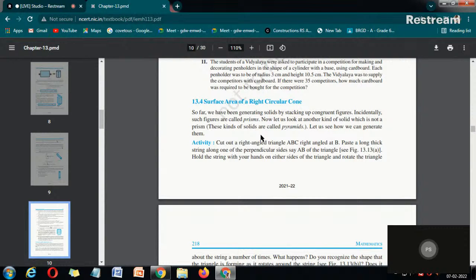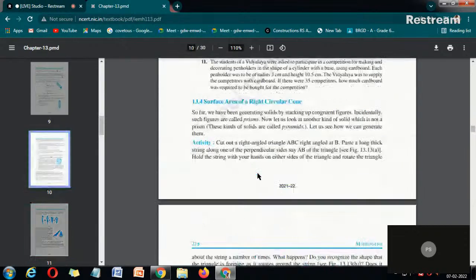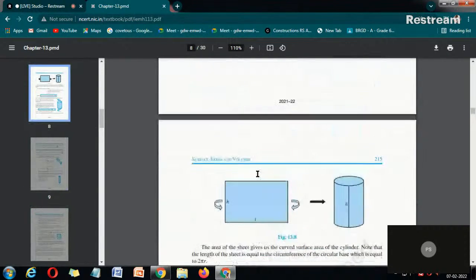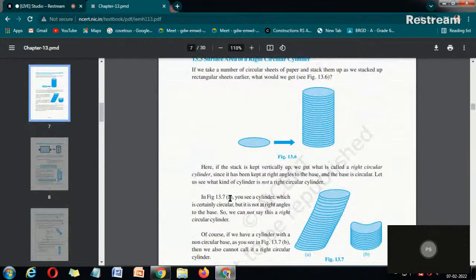Let us see what kind of cylinder is not a right circular cylinder. In figure 13.7a, you can see a cylinder which is certainly circular, but it's not at right angles to the base.